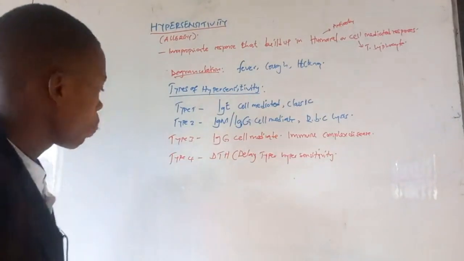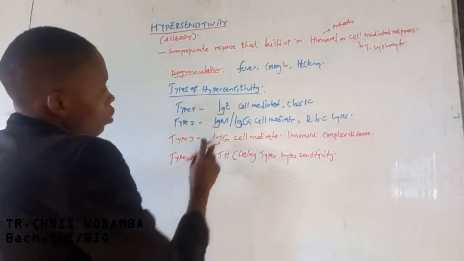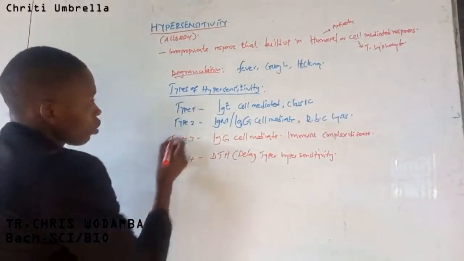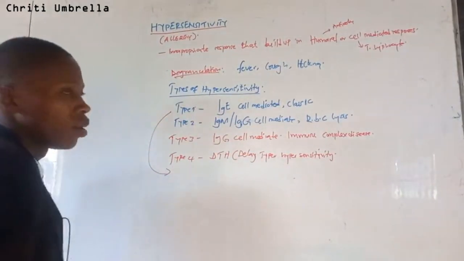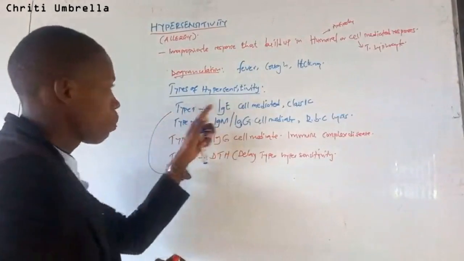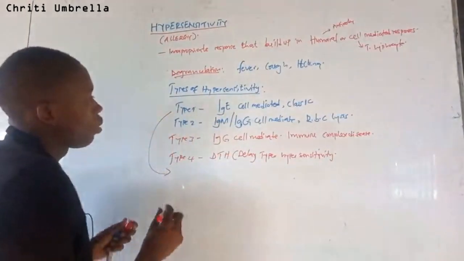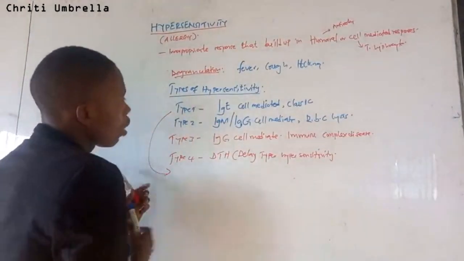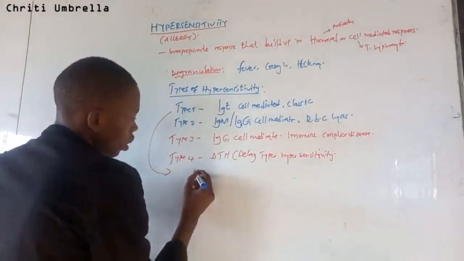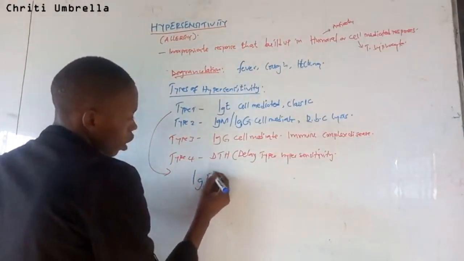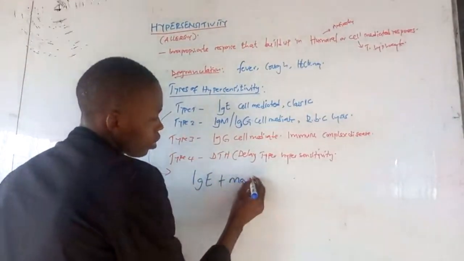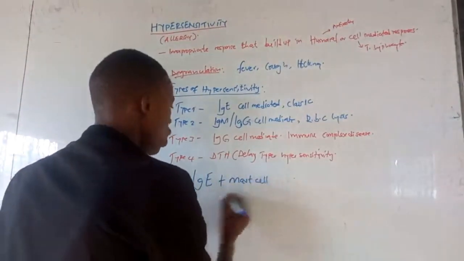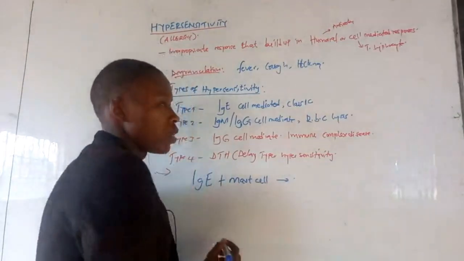So if you look at class 1, or type 1 hypersensitivity, we find out that once this protein combines with what we call a mast cell, it will produce hypersensitivity.